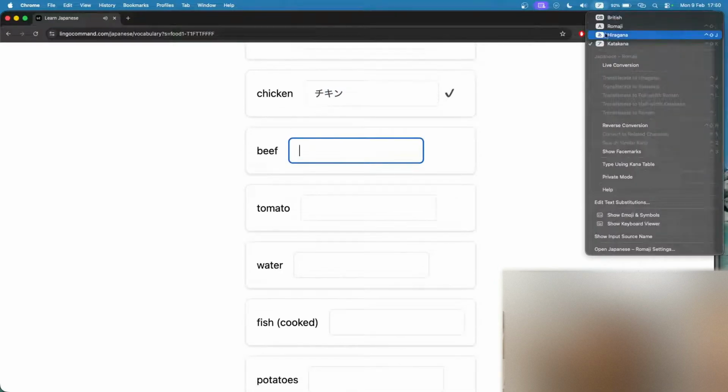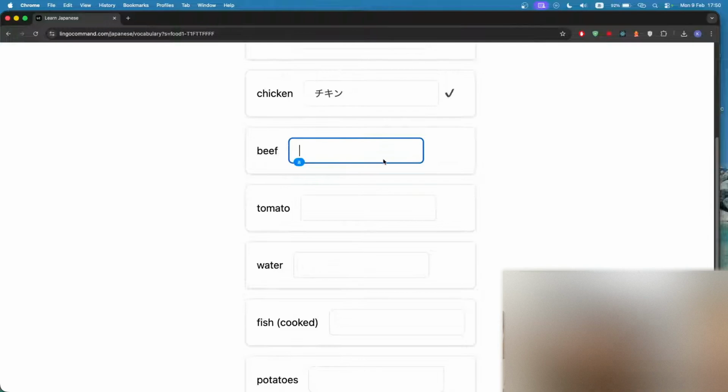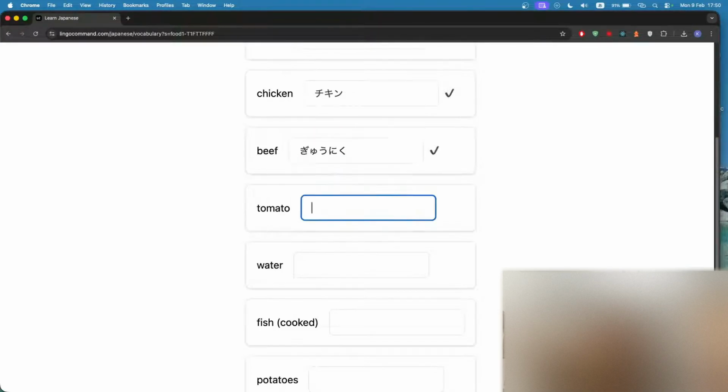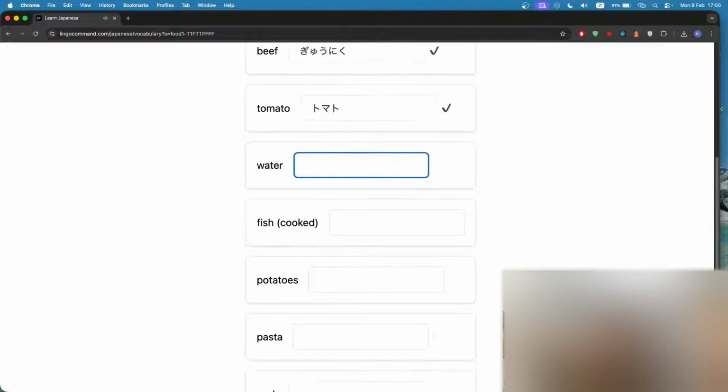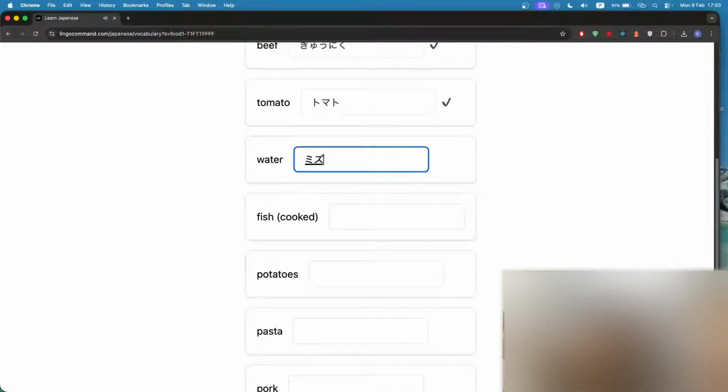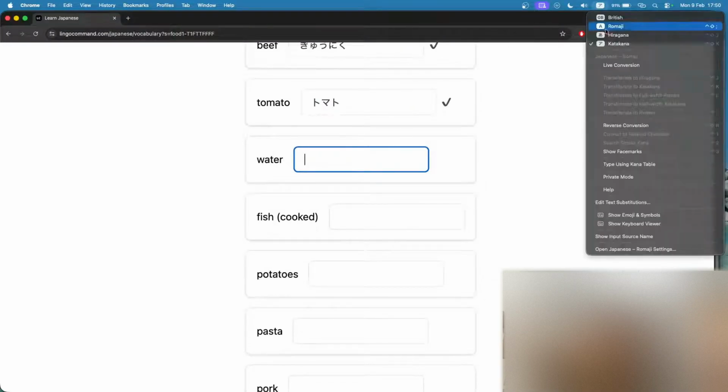Beef was a hiragana word. So this would be gyuniku. And then this is katakana again, it's tomato. Water is mizu. But for that one, we're going to use hiragana.